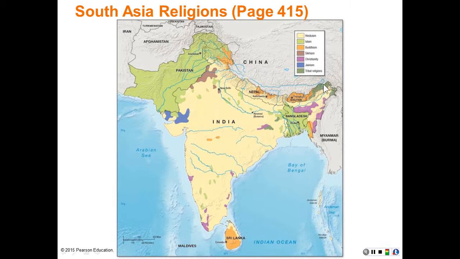We have tribal religions in some of the mountains of eastern India. We have Christianity along the border with Myanmar, as well as the border between Bangladesh and India, the northern part of Bangladesh. Christianity is also common in some of the old ports and colonial regions on the coast that were impacted by European settlement.